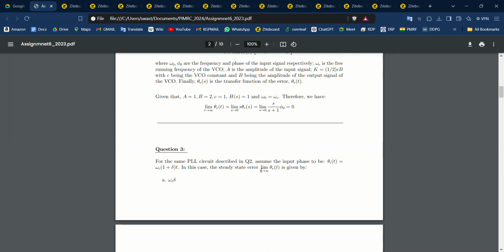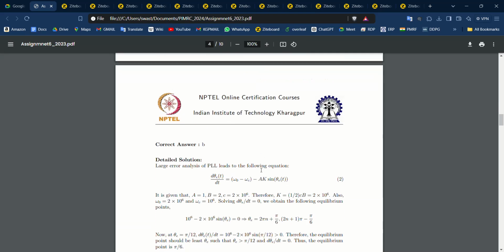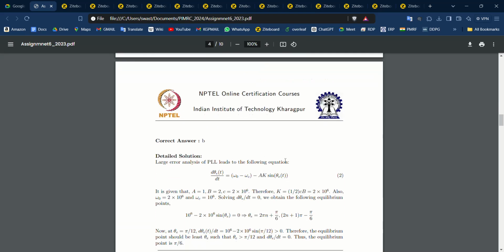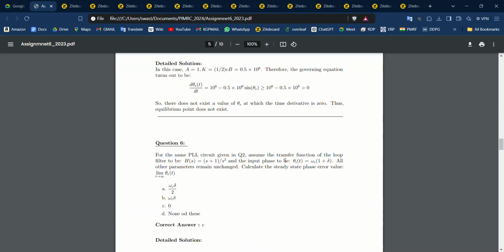Here they are saying most things are the same except for the amplitude. Just the transfer function is (s plus 1) by s squared.